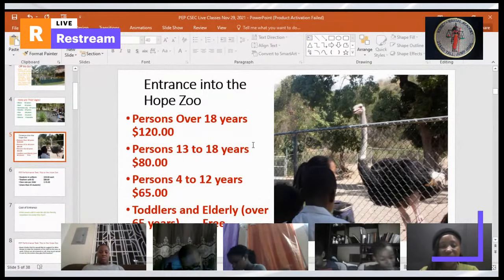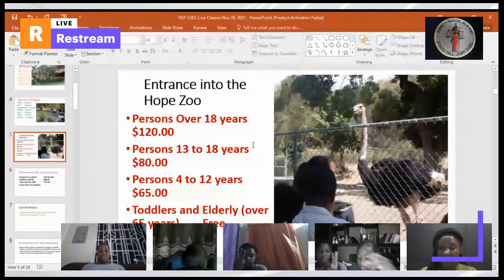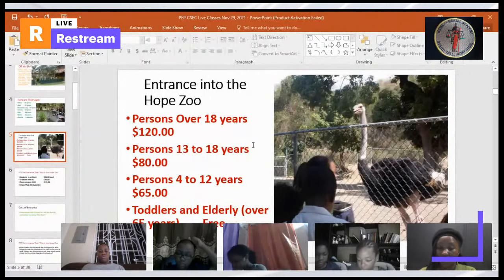How many persons are over 18 years old? Four of them are over 18. Grandma is going in free, right? Yes, the elderly do count. Grandma is over 65, so she's a lucky lady.